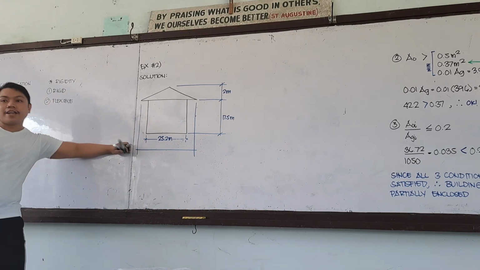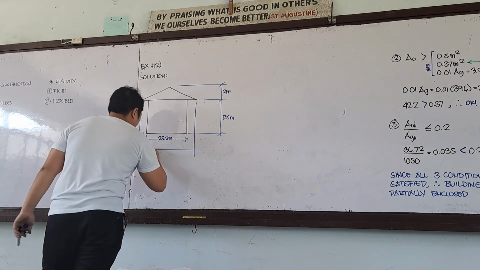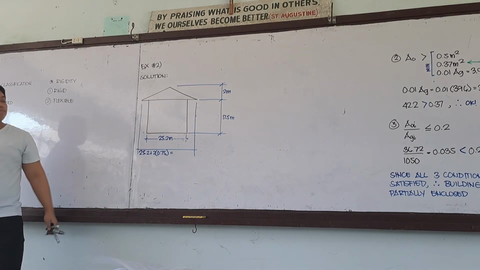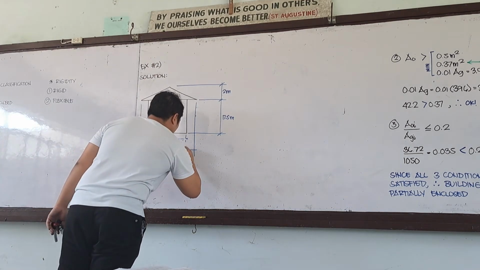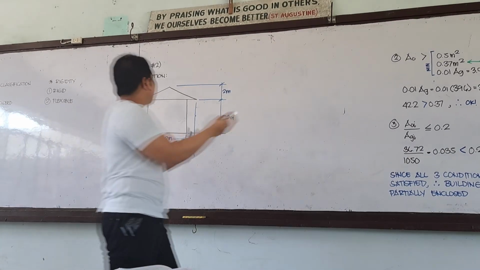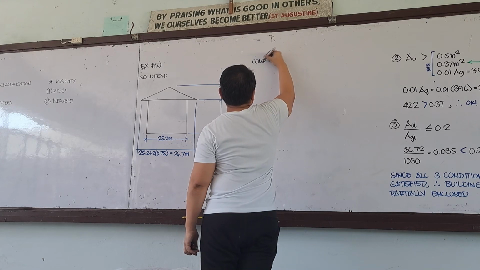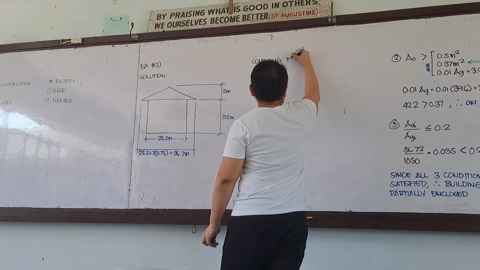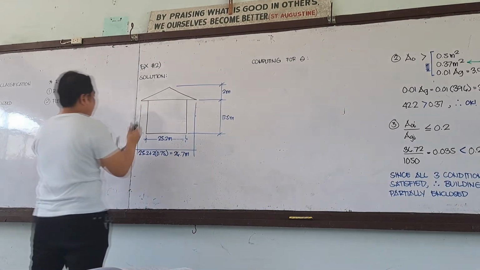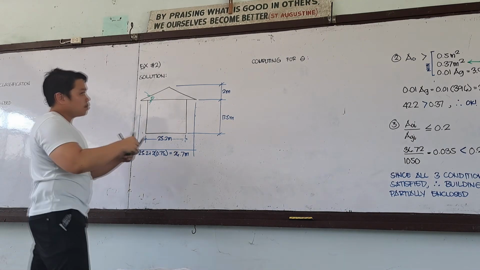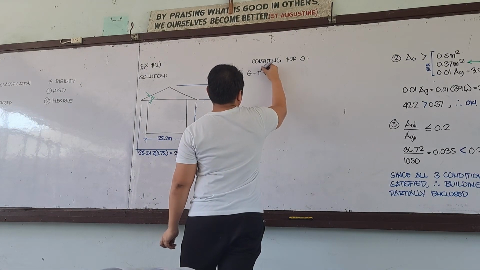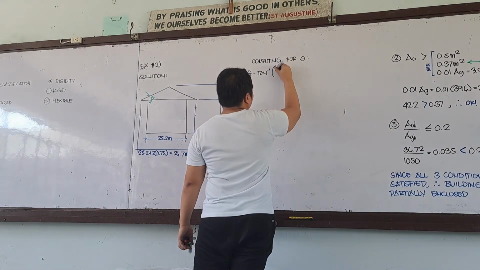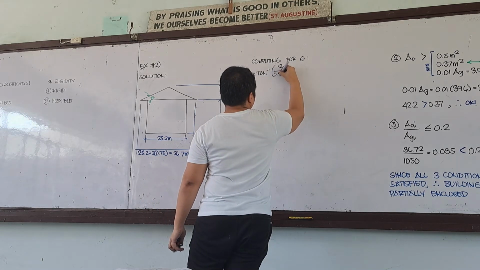But the roof's total span is 25.2 plus 2 times 0.75, which is 26.7. Let's first compute the roof pitch, theta. Tangent theta is the height, which is 2 meters, over 0.5 times 26.7.